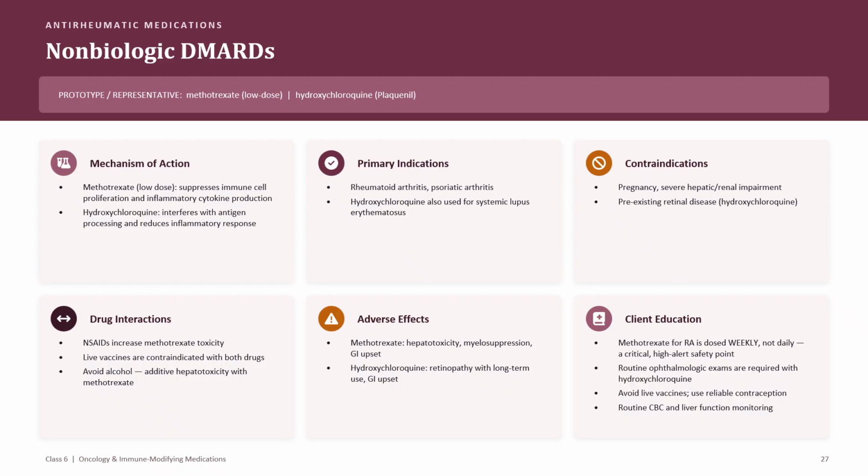Real documented fatal medication errors have occurred when methotrexate got dosed like it was a typical daily pill instead of the weekly schedule that it actually requires. If everything else leaves your memory from this presentation, just remember methotrexate for rheumatoid arthritis is weekly, not daily.